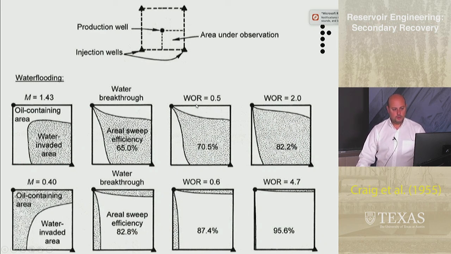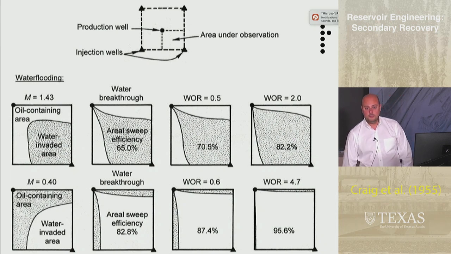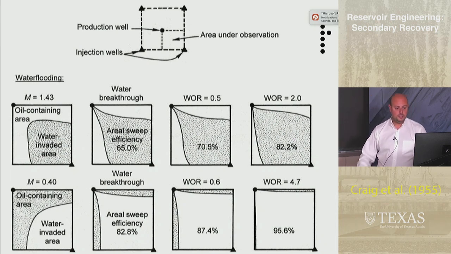What these other two are is what's called the water-oil ratio. So it's the production well, that's the ratio of the water produced to the oil produced. You obviously want the water-oil ratio to be fairly small at the same sweep efficiency.